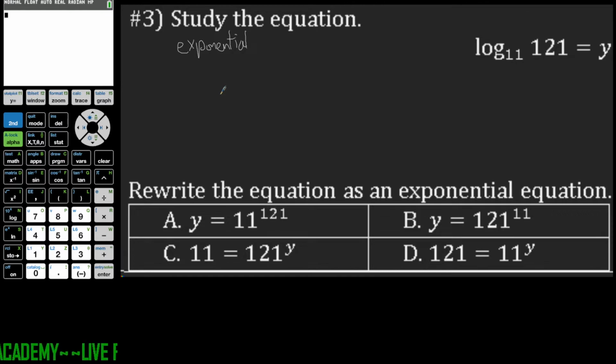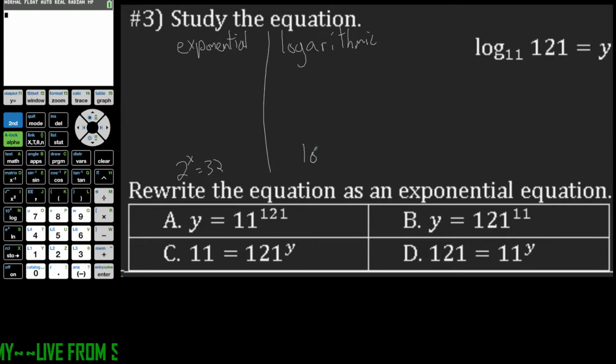Okay, so let's do it like this, exponential. Then we have logarithmic. So now if we have something like an exponential function, it looks like this. We have 2 to the power x equals 32, where logarithmic would be log base 2 of 32 equals x.